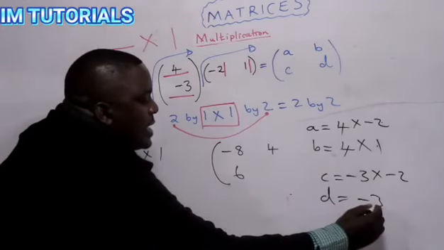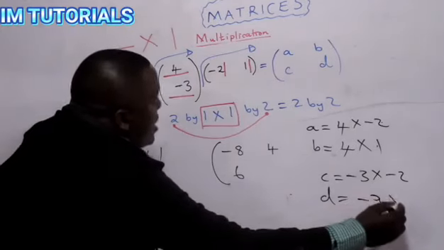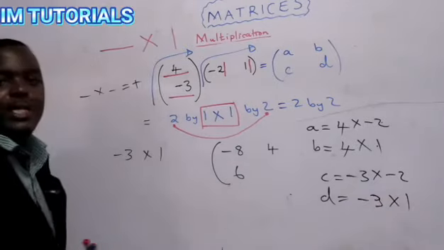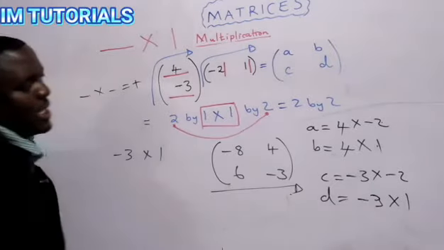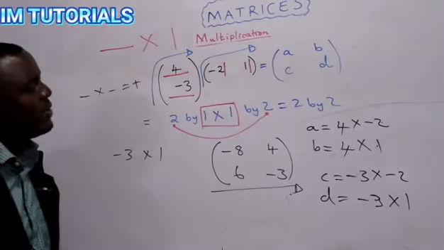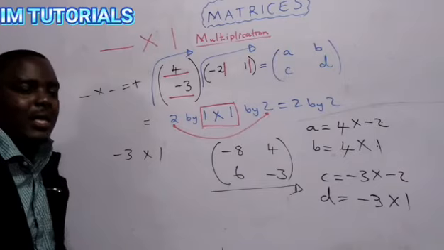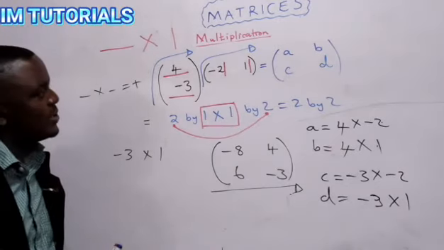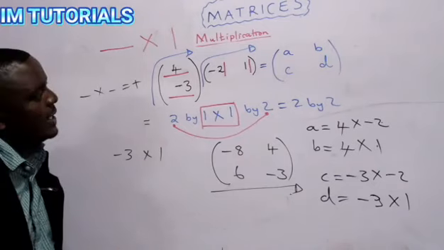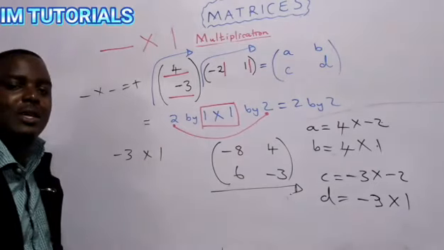So minus 3 times 1 is the combination which produces minus 3. Then this is your final answer, a 2 by 2, which is being required. I hope you are listening, class. I want you to follow as we move on to the last question of multiplication so that you understand better.